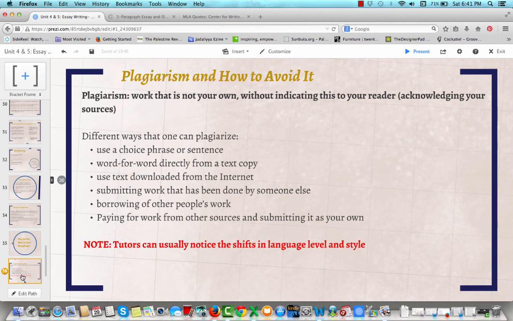If you take word for word directly from a text, that's plagiarism. If you download information or text from the internet, that's actually plagiarism. Now, and this is important, guys, when you submit a work that has been done by someone else.